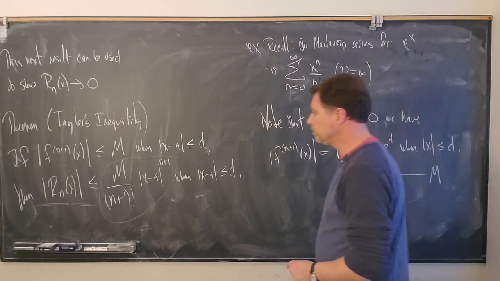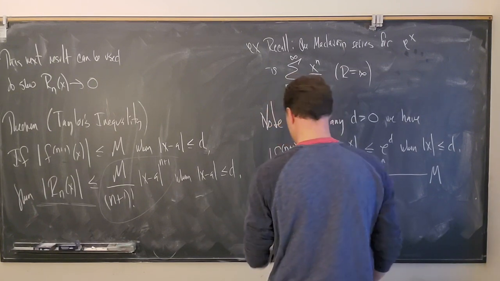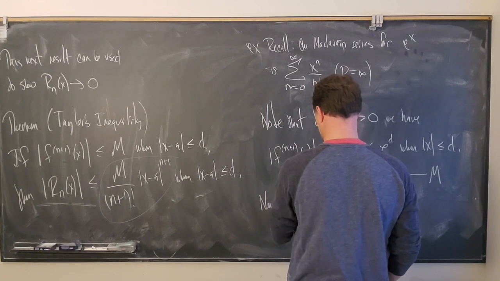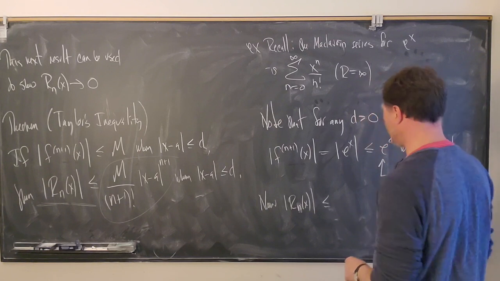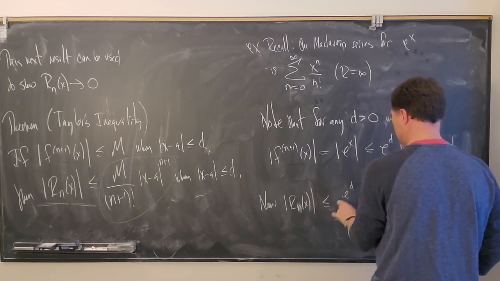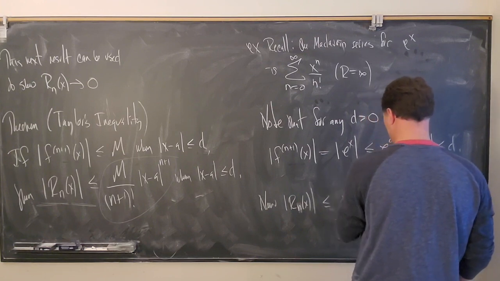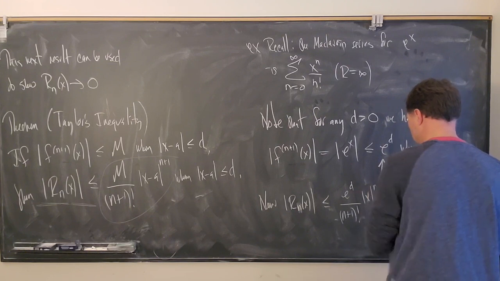So now we have that the nth remainder, absolute value, is less than or equal to M, which is this constant e to the d, divided by n plus 1 factorial times absolute value of x raised to the n plus 1.